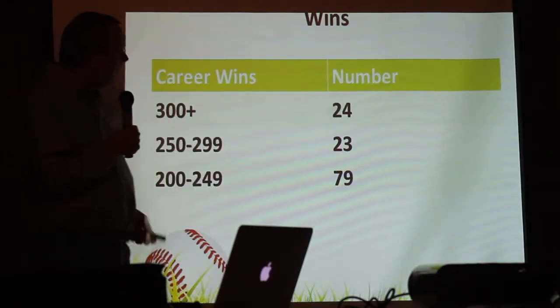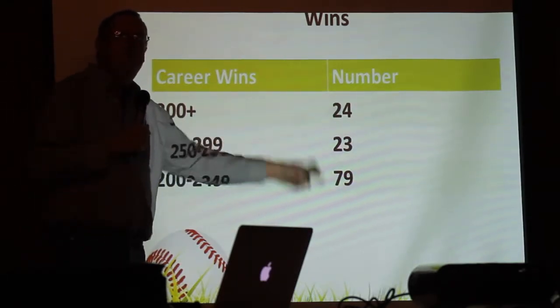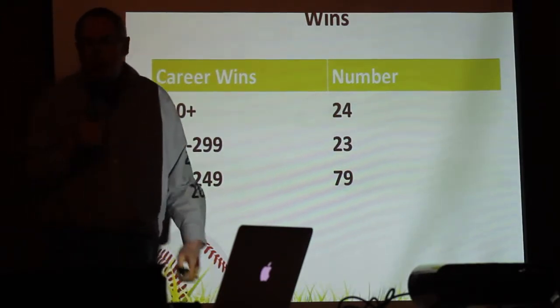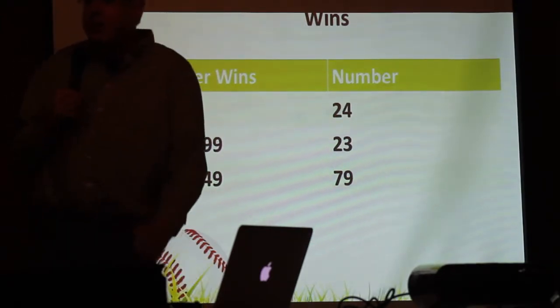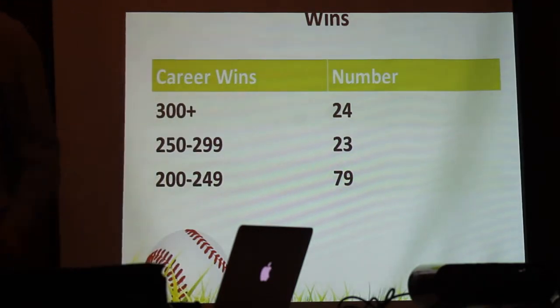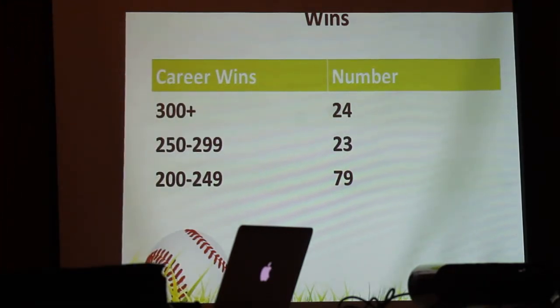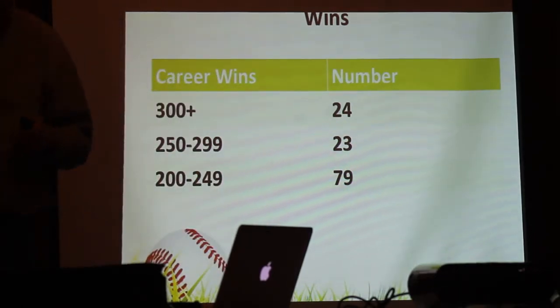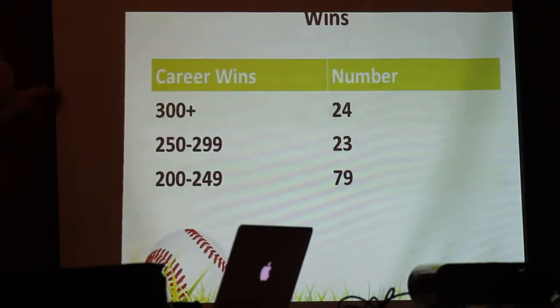This is a total of about 130 pitchers in baseball history that have won as many as 200 games. Think about that when you look at Mike Mussina on that Hall of Fame ballot with the number of wins that he won. Think about that when you look at Curt Schilling. These are reasonably decent achievements.